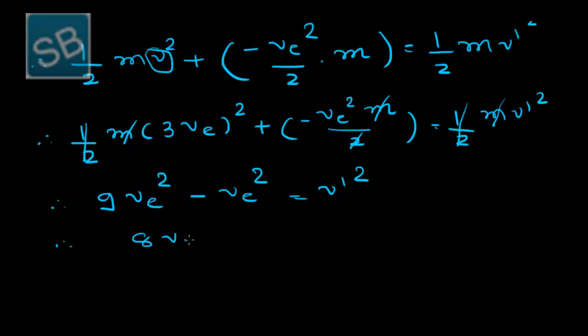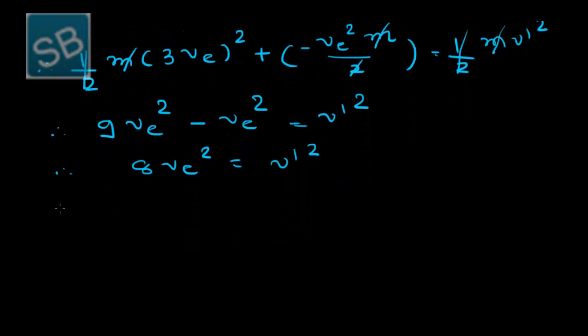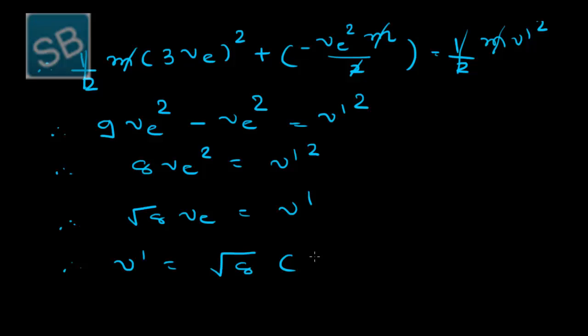Therefore here 8VE square is equal to v dash square. Now taking square root on both the sides, then this is under root of 8 VE is equal to V dash. And that was our target, to find out the velocity or the speed after it was escaped from the Earth's gravitational field.